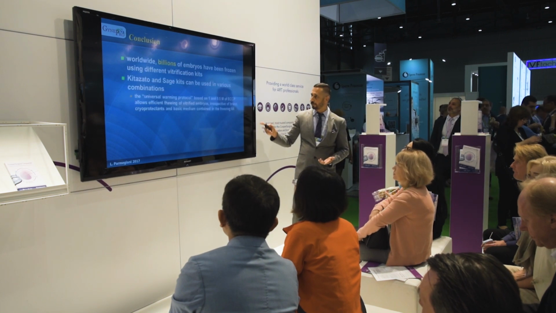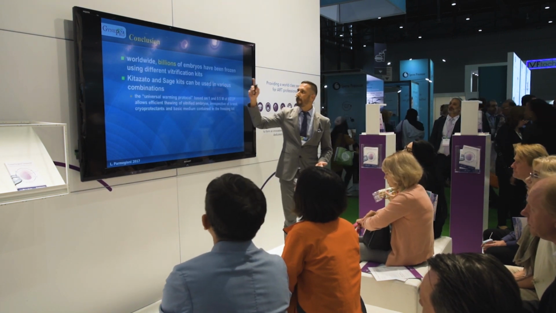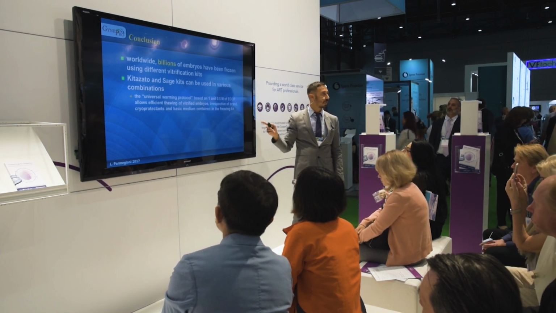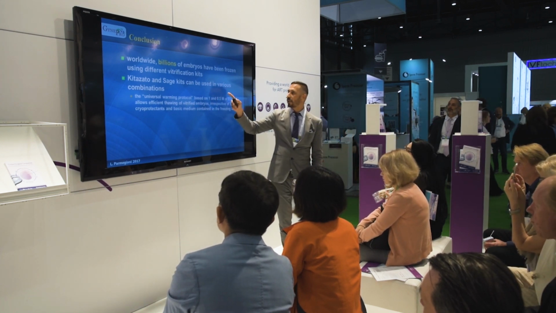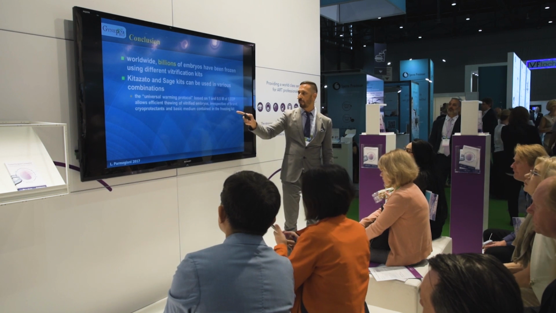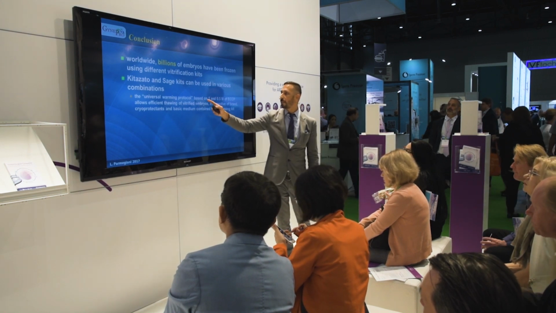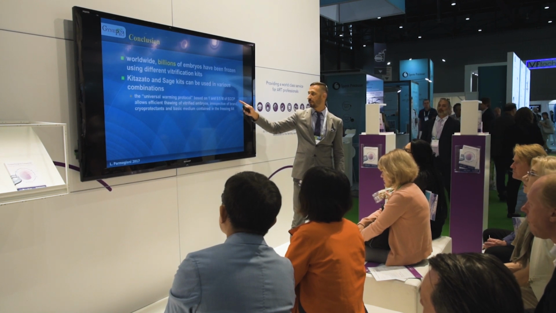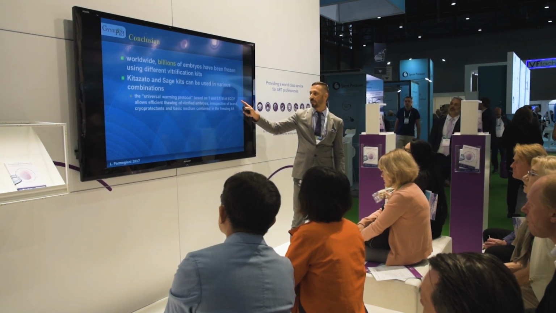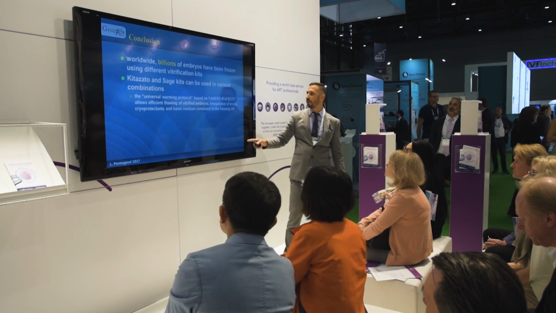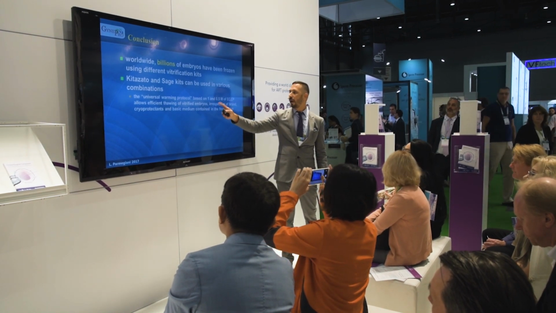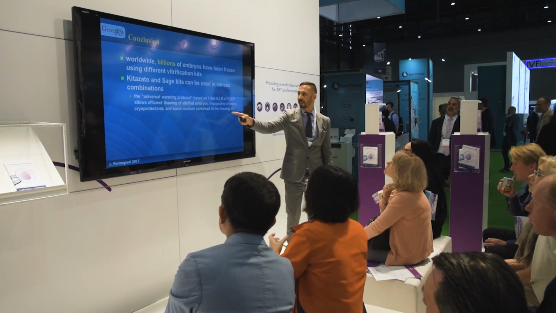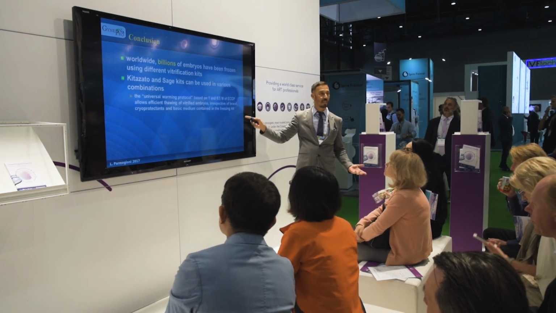So in conclusion, we know that billions of embryos have been frozen by using different vitrification kits. Kitazato and SAGE kits can be used in various combinations. So the universal protocol based on 1 and 0.5 molar of extracellular cryoprotectant, whatever cryoprotectant, can be sucrose or trehalose, allows efficient thawing of vitrified embryos irrespective of brand, cryoprotectants, and basic medium contained in the freezing kit.